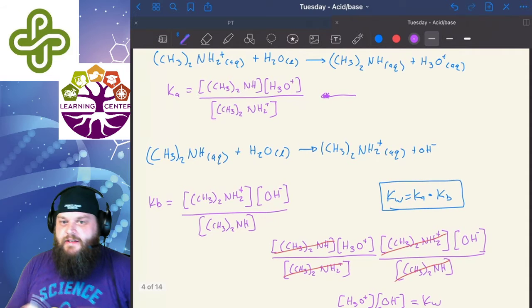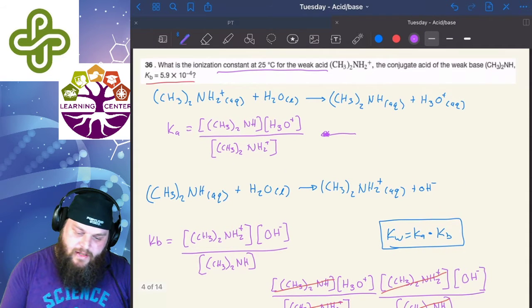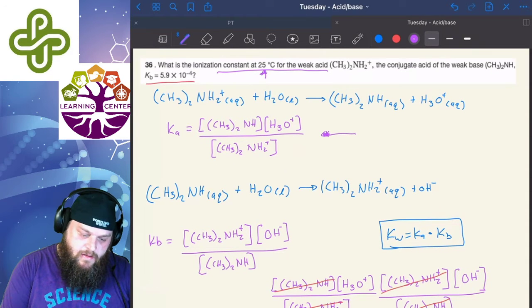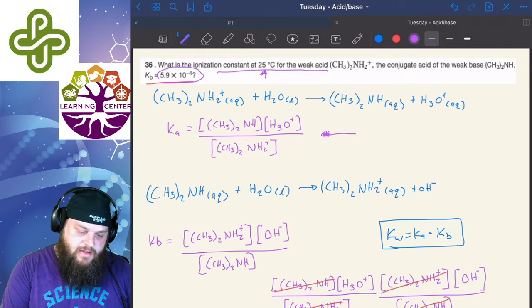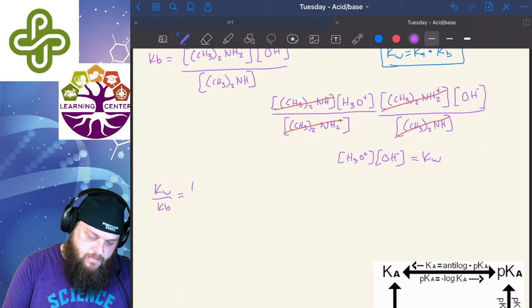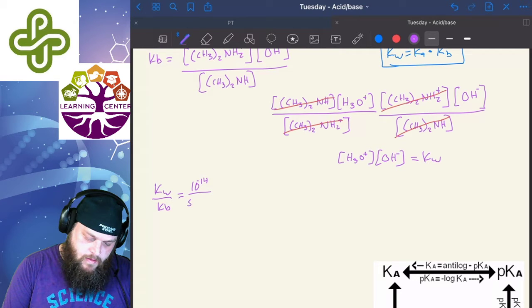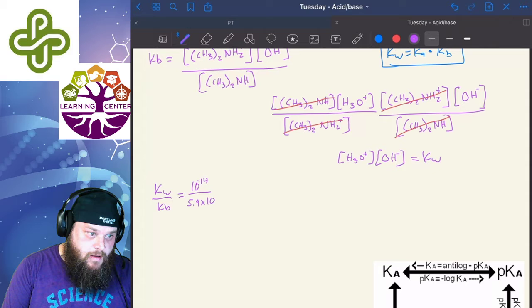Kw is always 10 to the negative 14th power, at least at 25 degrees C, and the Kb value they give us here, that's 5.9 times 10 to the negative 4th.